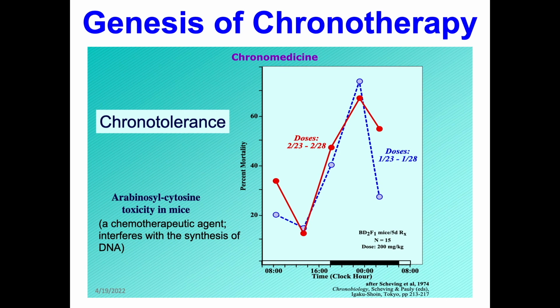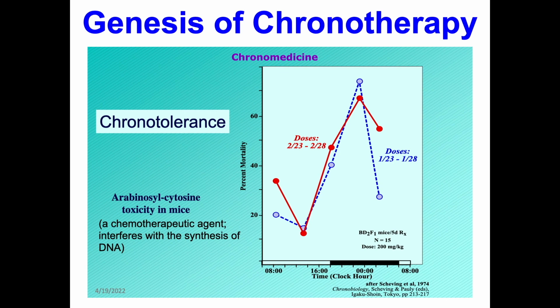So we can see that the percent mortality was highest when the drug was administered at the middle of the dark phase, when the mice were most active.